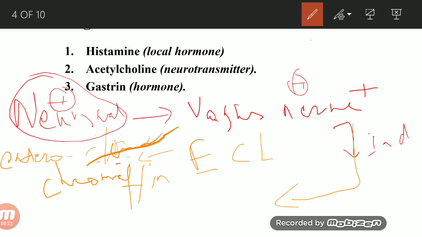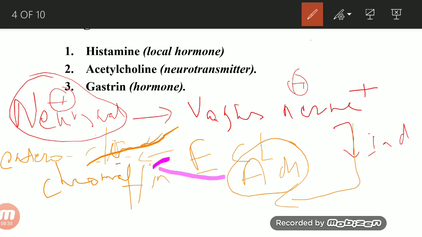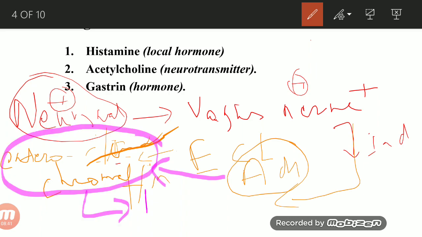Enterochromaffin like cell, okay. So in case of what happens in your enterochromaffin like cell is, this acetylcholine being released from your vagus nerve goes and activates your enterochromaffin like cells and causes release of your histamine.